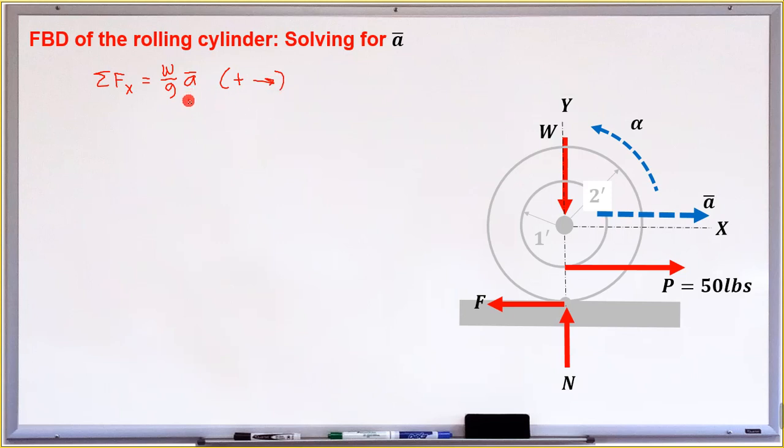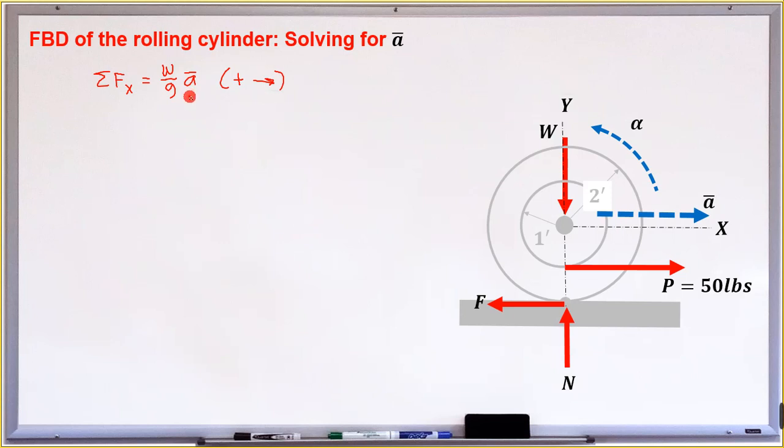Since we assume there is a chance that the cylinder will slide as it rolls along this horizontal surface, we cannot use the relation a equals the radius times the angular acceleration.